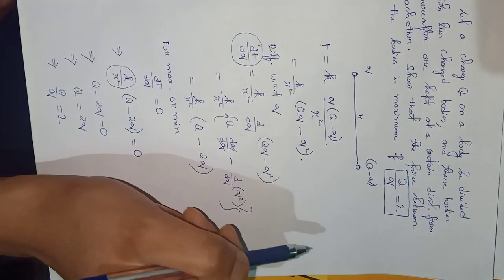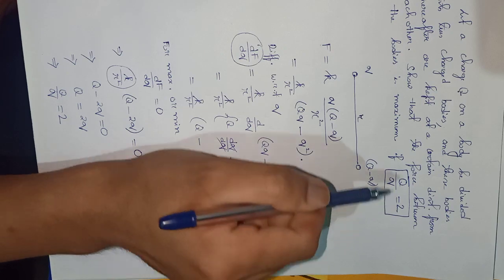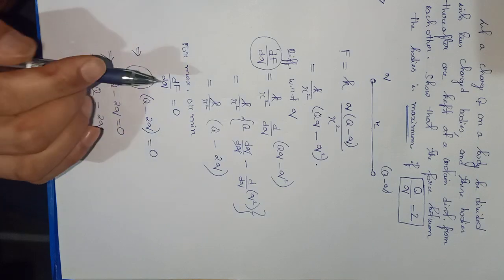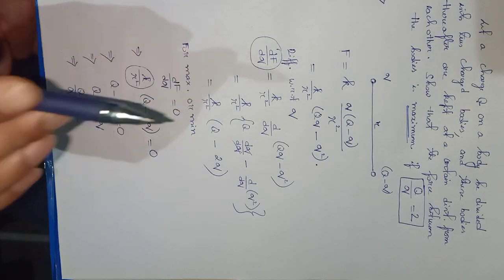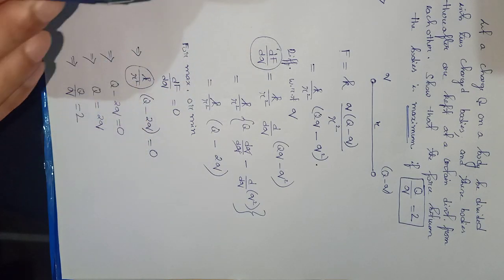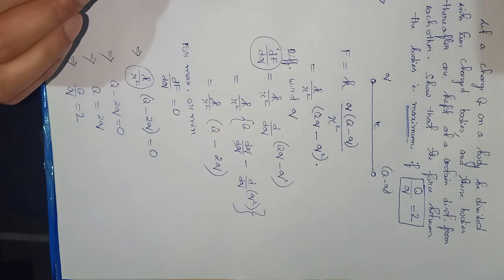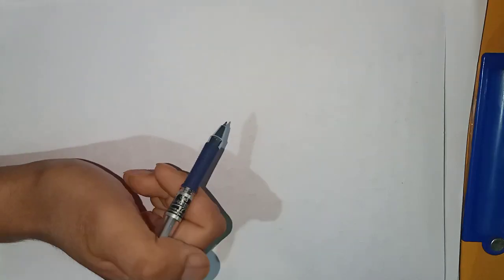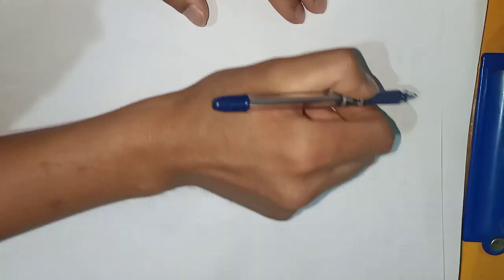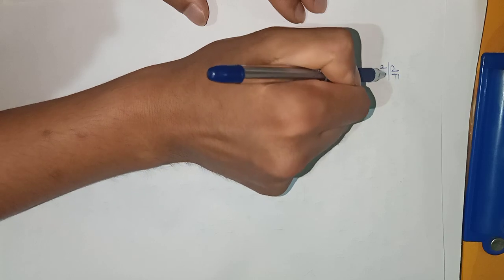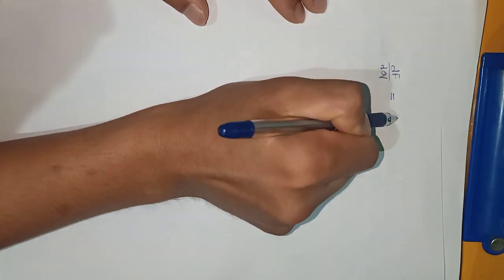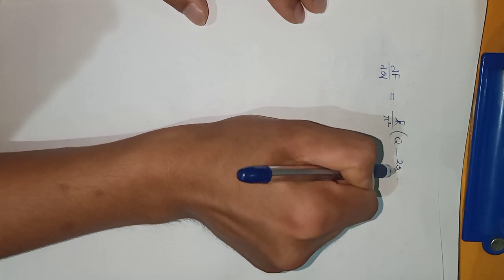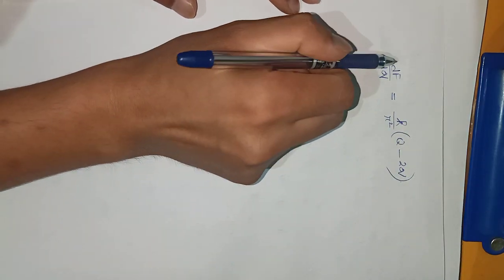Now we want to check under this condition whether the force is maximum or not. We have already found the first derivative. Now if the second derivative is less than 0, then the force is maximum under the given condition. So let us see. We have already seen that dF by dq is equal to K by r square, (Q minus twice q). Now we have to find the second derivative.